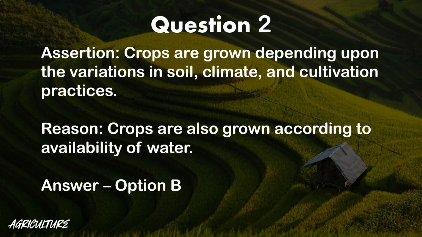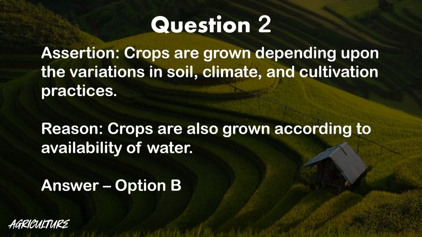The answer is option B. Assertion and reasoning are both true, but reason is not the correct explanation of the assertion. If you looked at each statement individually, you would know that assertion is true and reason is true, because crops are cultivated in various areas depending on climate, availability of water resources, soil quality, rainfall, weather conditions, sunlight, amount of labor available, market value, and various other conditions, and also the wealth of the farmers.